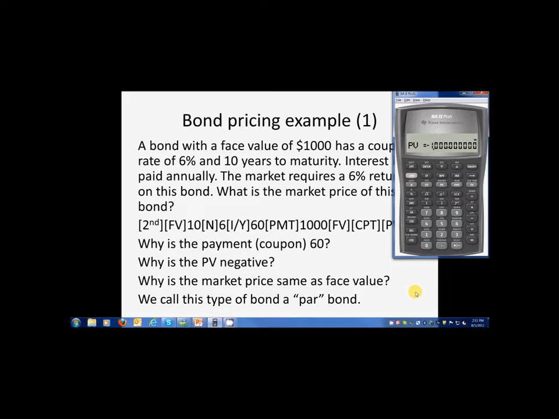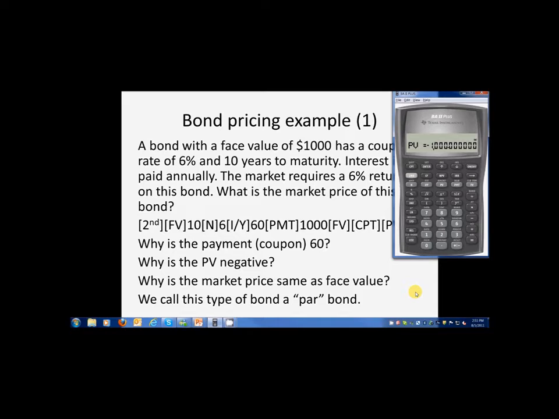That means that the coupons are exactly enough to satisfy investors' need for return. Means they don't need to get any capital gain out of the bond in order to get their required return. Therefore, you pay $1,000 for a bond, collect all the coupons, and at the end they give you your $1,000 back because the coupons were exactly enough to satisfy your need for return.